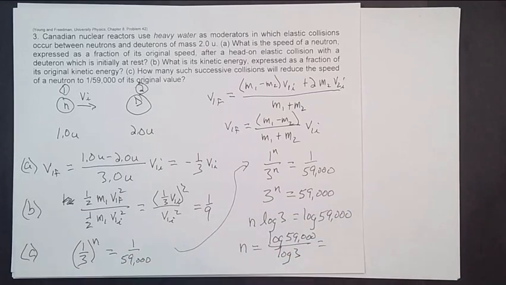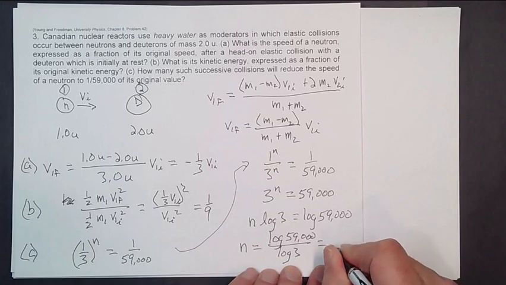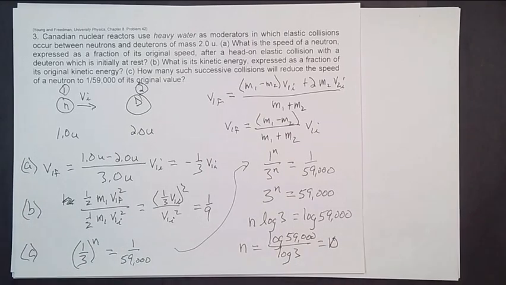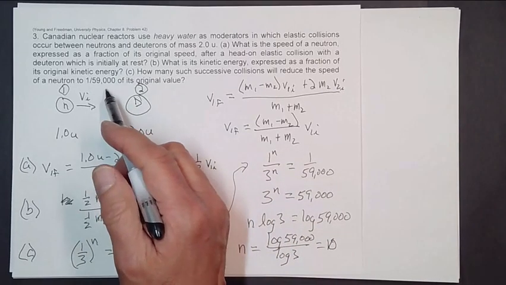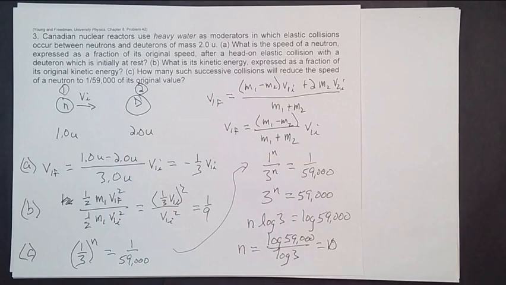And so plug in the numbers on that, and I get about 10. Okay. So after 10 collisions, the speed of the neutron is going to be down to 1/59,000th of its original value. So that's all it takes to figure out that problem.